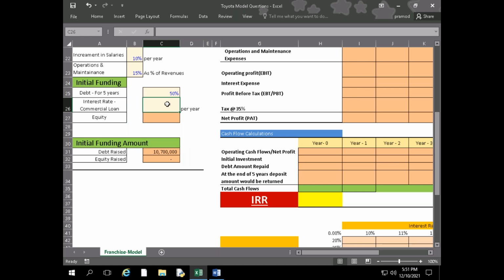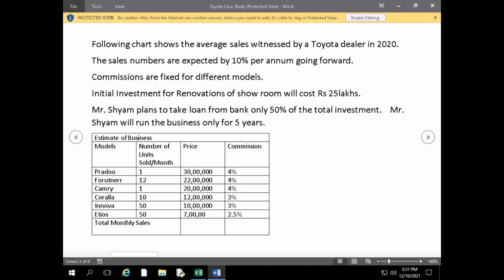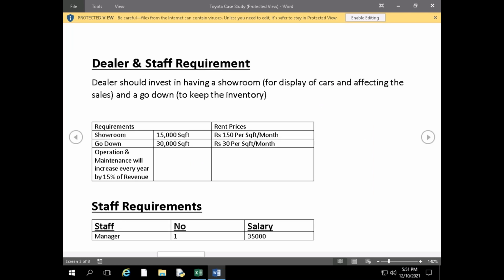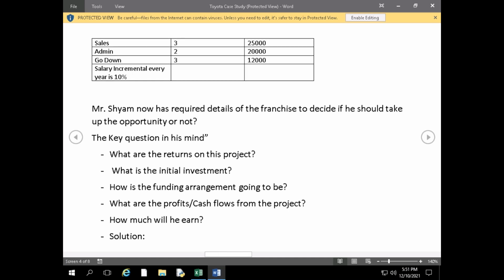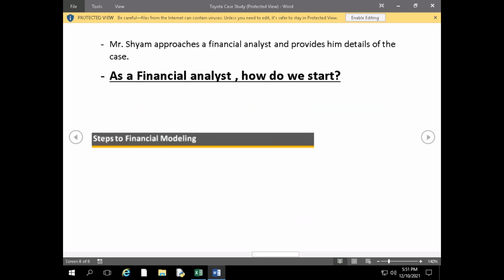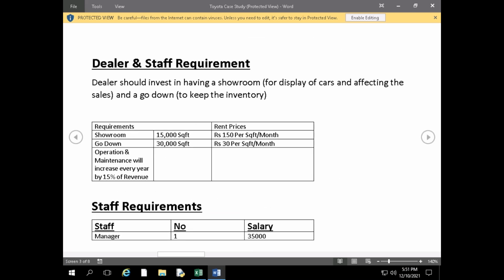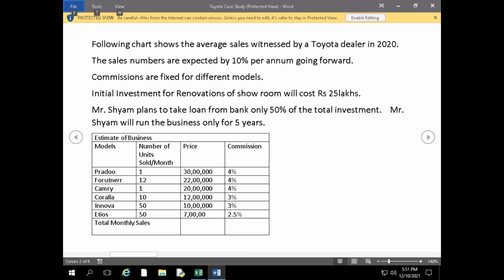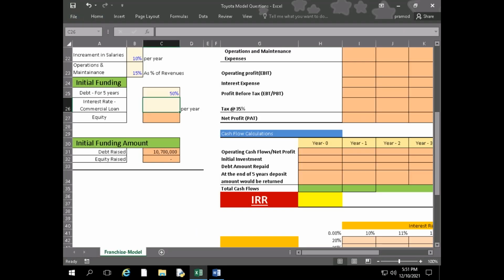So the interest rate for the commercial loan per year, 4%, sir? No idea, sir. Actually, over here it is given differently, sir, in the estimate of business. That only we have to check, no, sir. Okay, I will write it as 13%.